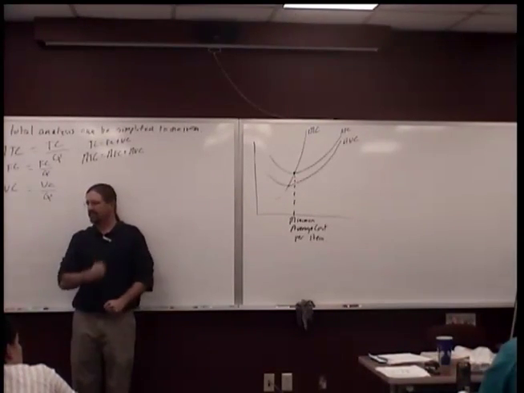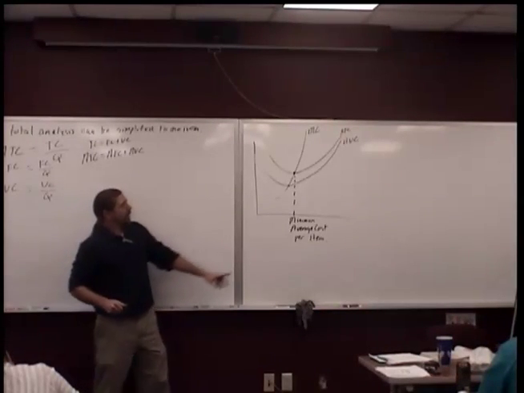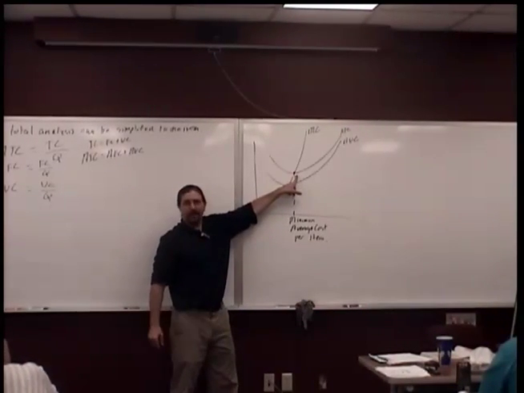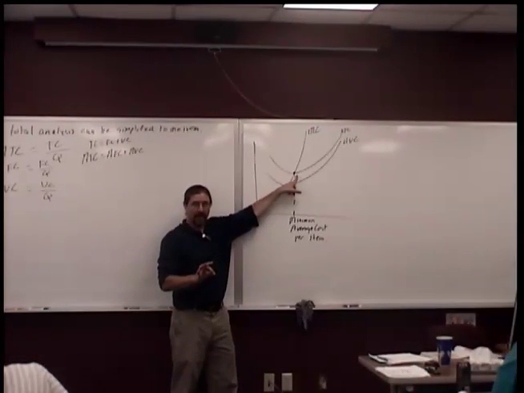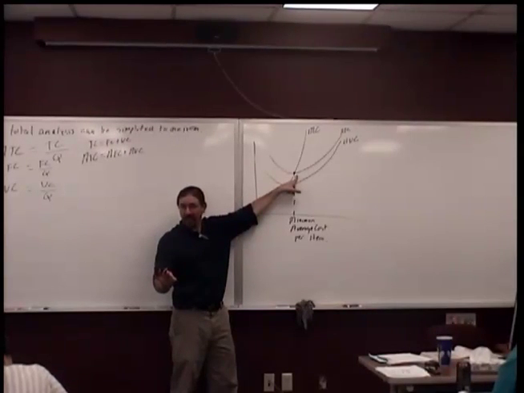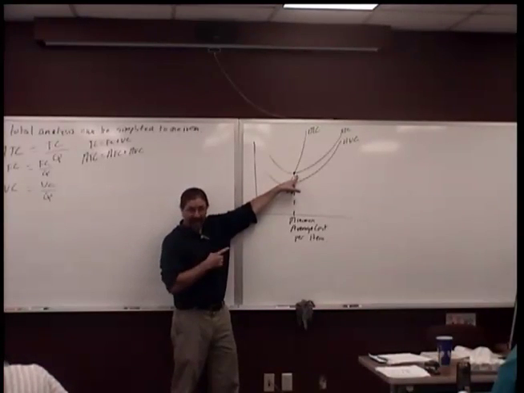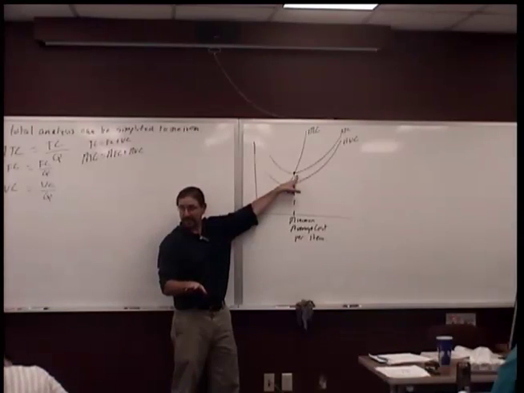We are minimizing the average cost, not the total cost, okay? The way you minimize total cost, folks, produce nothing, okay? That is always how you minimize your total cost, is you say, close the freaking business, right?